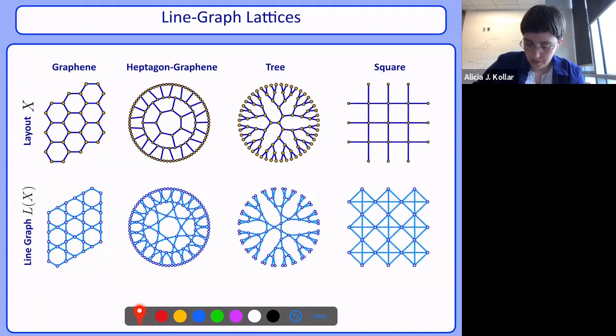If you take the line graph of this thing that has a vertex of degree 4, then instead of the triangles that appeared in all these other examples, you get this square with diagonal edges. There's actually no site in the center. And so these are the kinds of things that you can get.